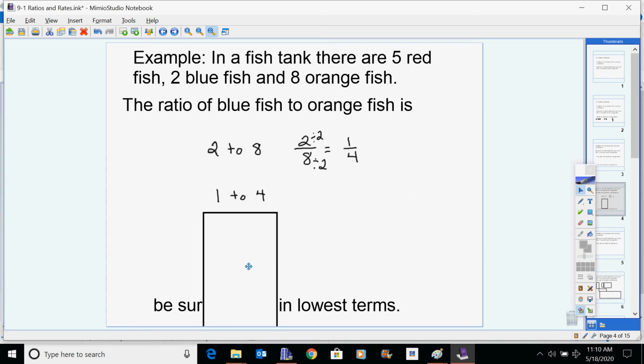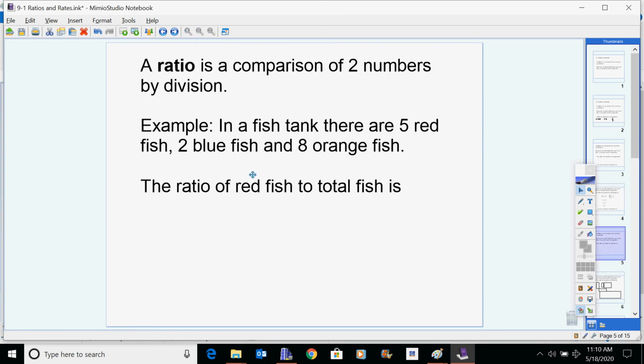So you can say that the ratio of blue fish to orange fish is 1 to 4, or you can write it in this form, 1:4, 1 blue fish to 4 orange fish, or as a fraction, once again, 1 blue fish to 4 orange fish. And you are always making sure and being careful to write it in lowest terms. And once again, a ratio is a comparison of two numbers by division.